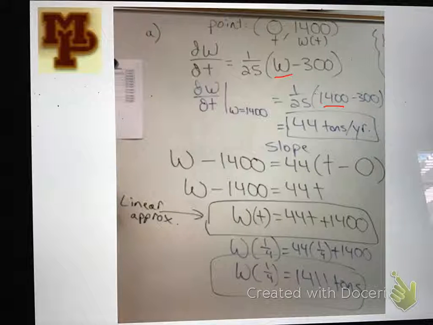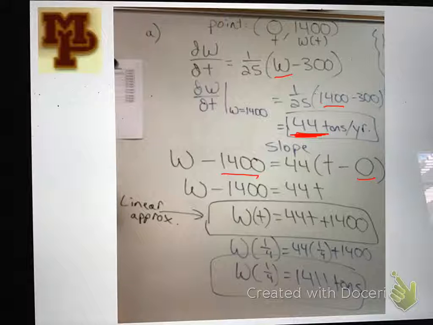And then that gives you the 44 tons per year. That's your rate of change, or your slope. Then we use the point (0, 1,400) in the point-slope form. W is like your y. So W minus 1,400 equals 44 times (T minus 0).